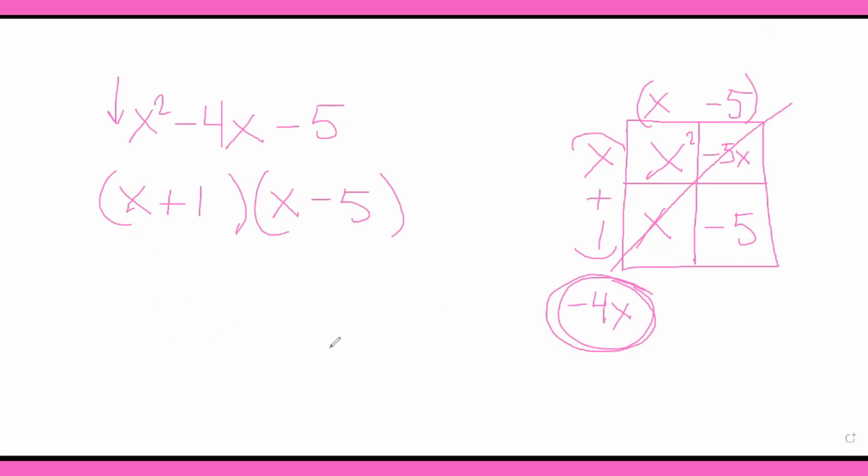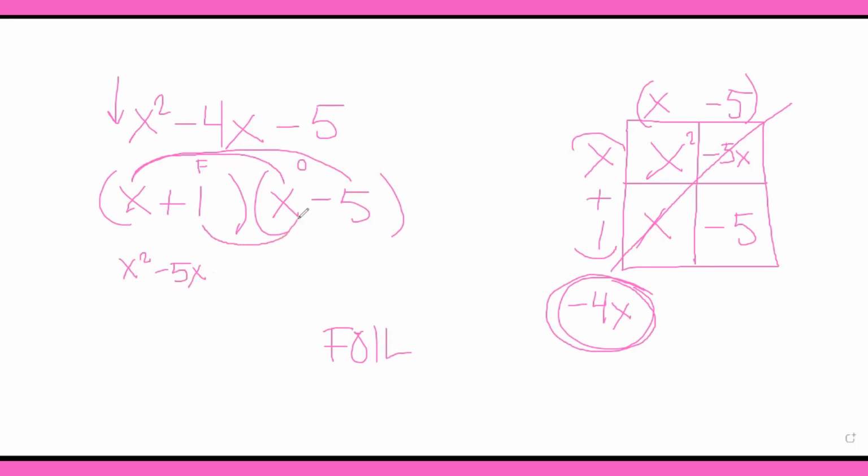So again, I always say FOIL as a quick review. If you never learned FOIL, or if you did, here's a quick review. FOIL is a great way to check and a great way to multiply two parentheses. My two first terms stand for F. I'm going to multiply those, that gets me x squared. My outer terms, that stands for O, would get me a negative 5x.